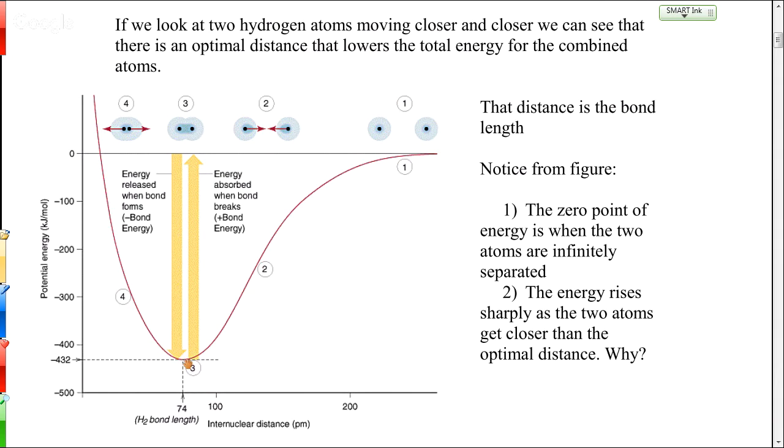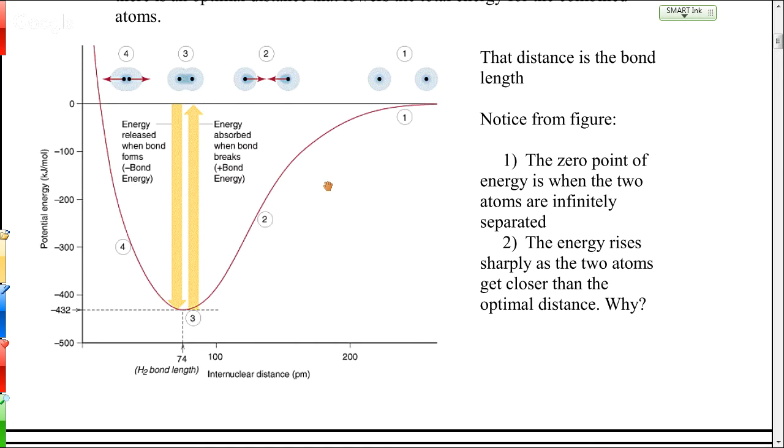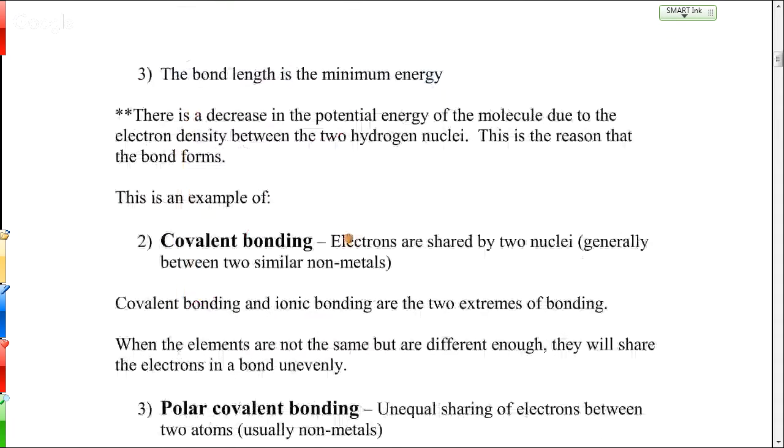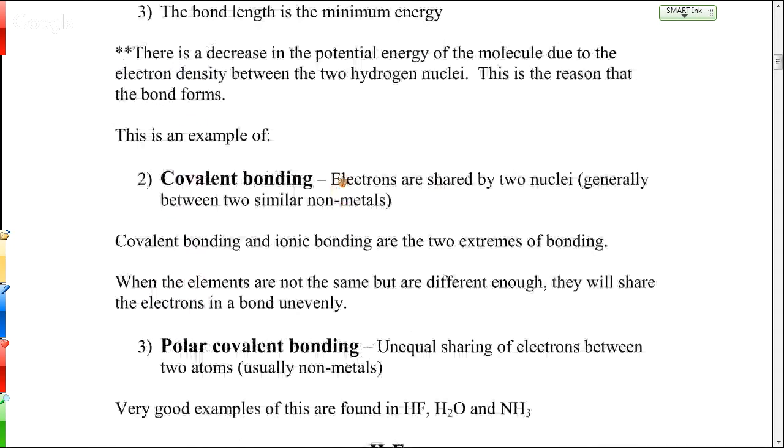And that's what we call a bond. In the case of hydrogen, it's at 74 picometers, which is 0.74 angstroms. The energy goes down by about minus 432 kilojoules per mole, which is how much energy is released when you form a hydrogen molecule. All right. That's what we call covalent bonding.